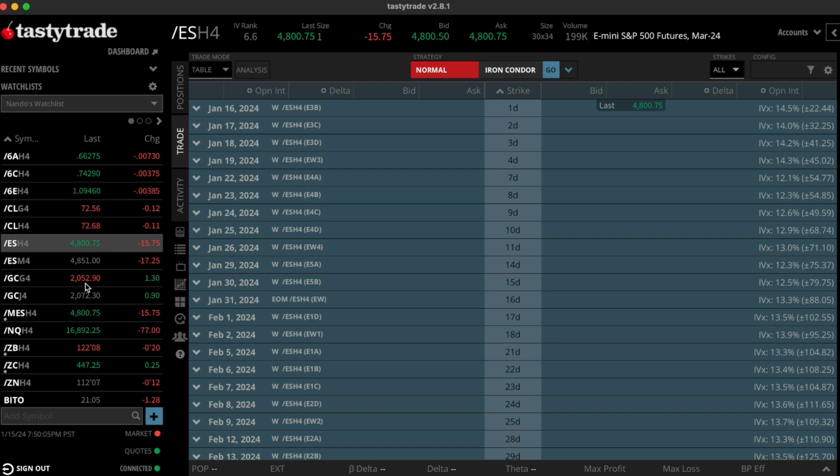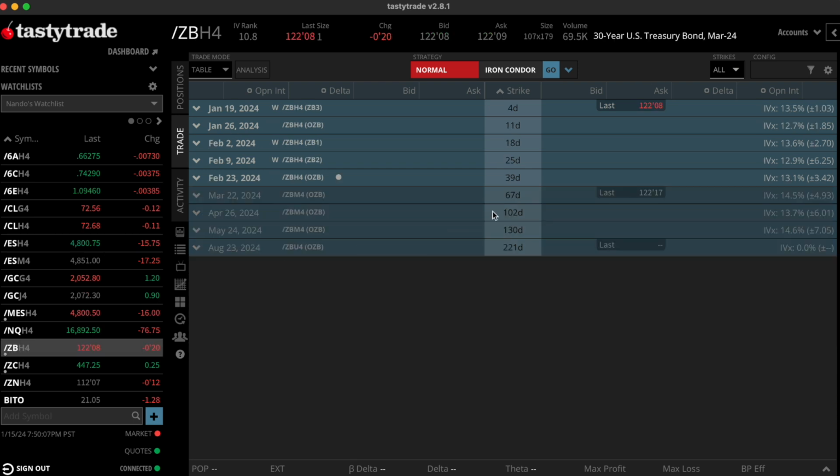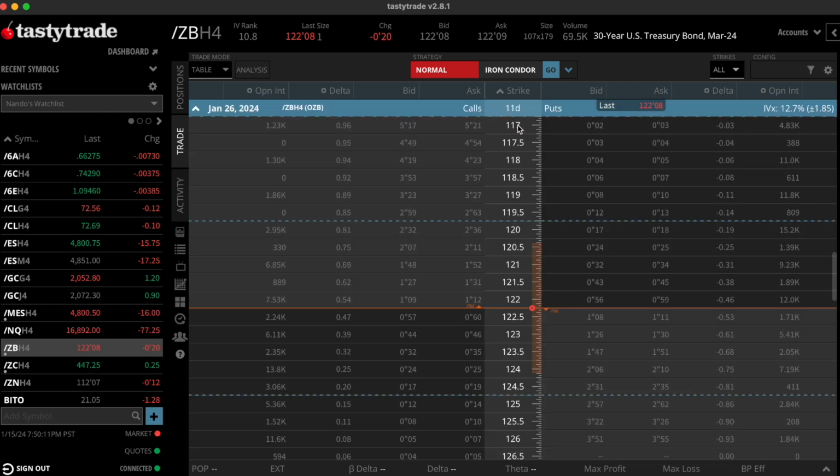Anyway, let me get to a bond example here, and I'm going to go out to the 11 DTE, and let's look at selling a put spread, which when people want to take in a credit, they typically look to sell some sort of vertical, and in this case I'm going to use the puts.